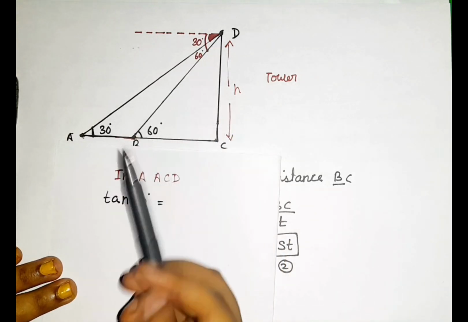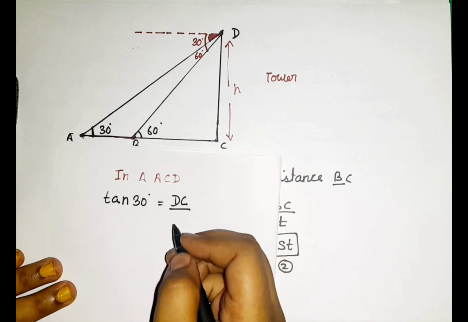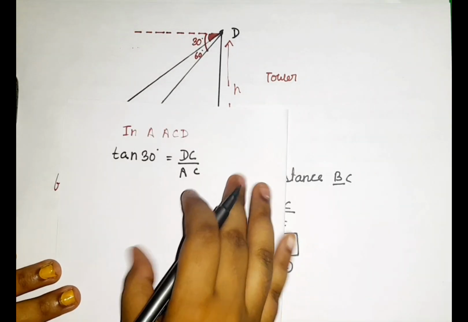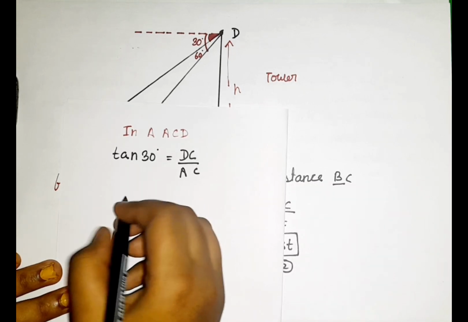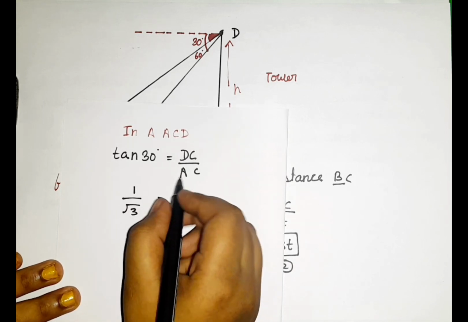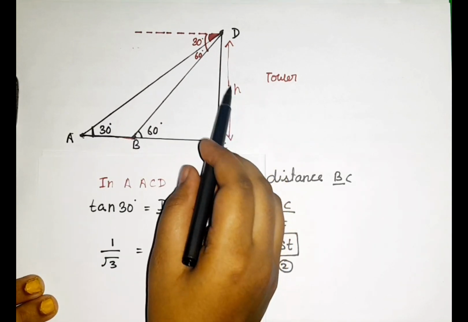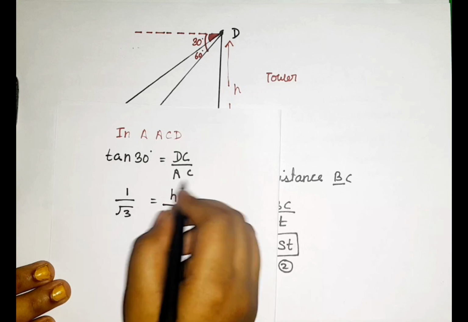The opposite side is DC, divided by the adjacent side AC. Now what is the value of tan 30 degrees? The tan 30 degree value is 1 by root 3, which is equal to DC. Here DC, that is the height of the tower, we took as H, so H divided by AC.